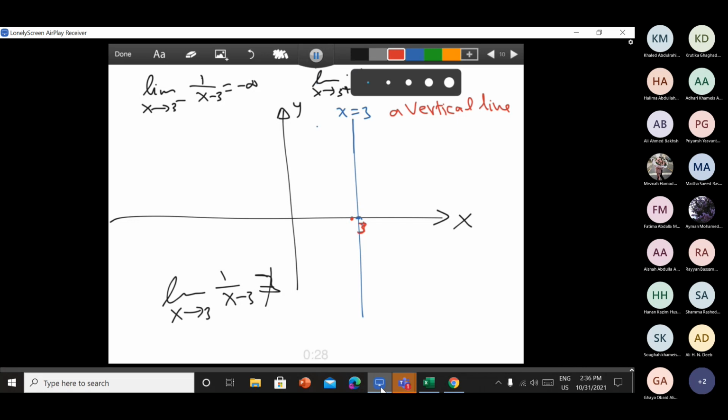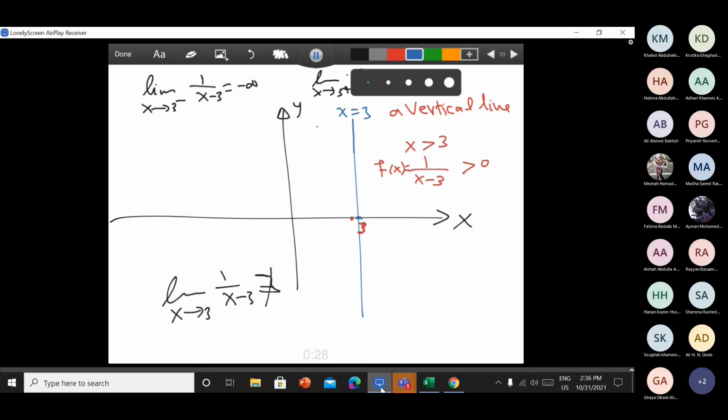So at 3, you split your function into 2 pieces, right? The first piece, I will go to this side. When I'm coming to the right of this line, I have x bigger than 3. When x is bigger than 3, 1 over x minus 3 will be positive or negative? It will be positive, right?